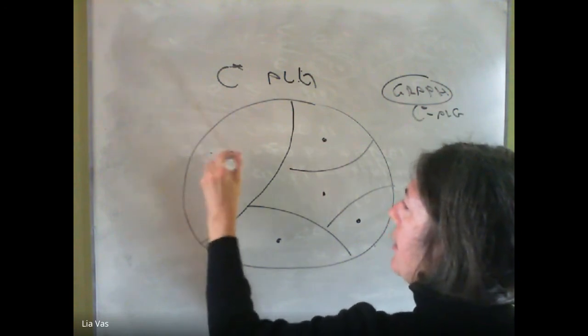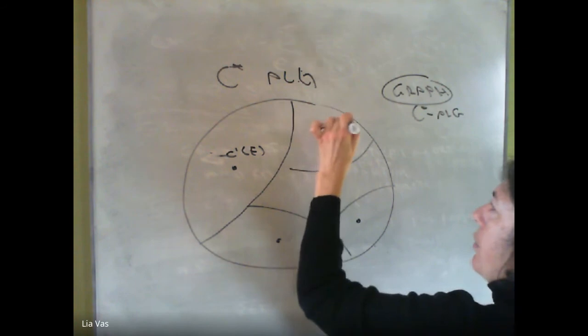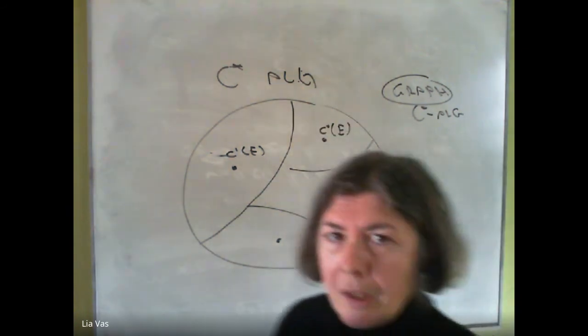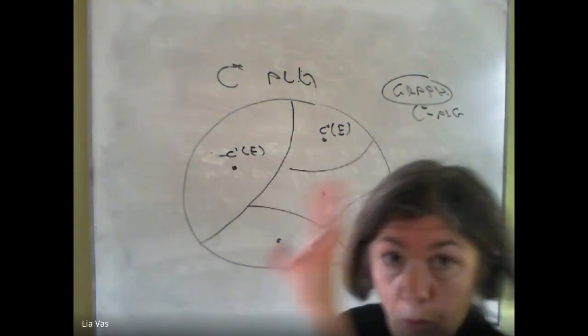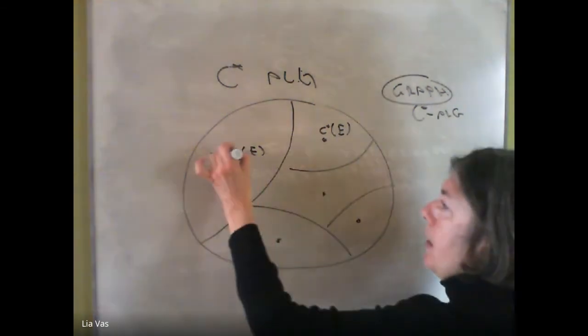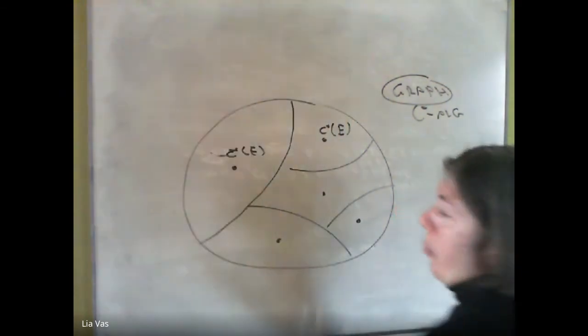So let me call it C-star of some graph E. So in every one of these categories of the whole thing, we have very nice representatives, right? And that's why graph C-star algebras became so popular.